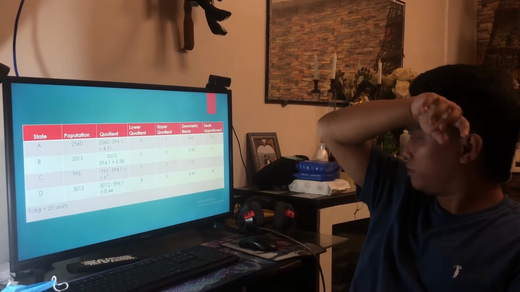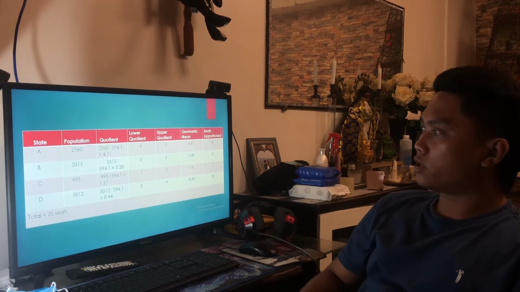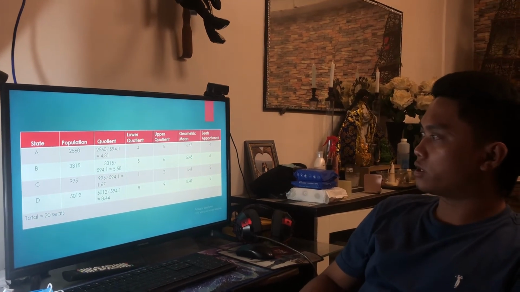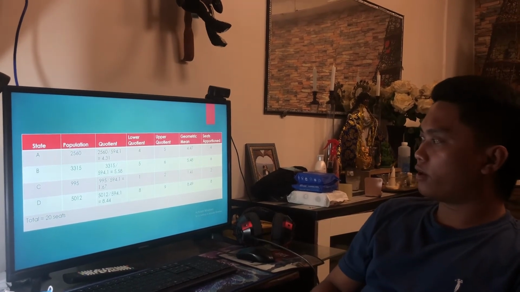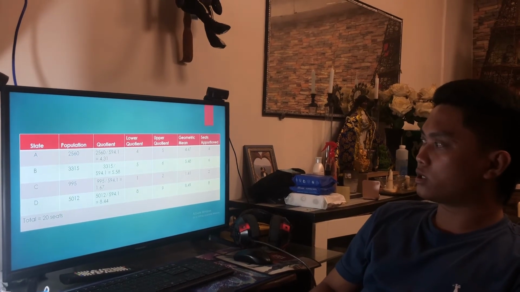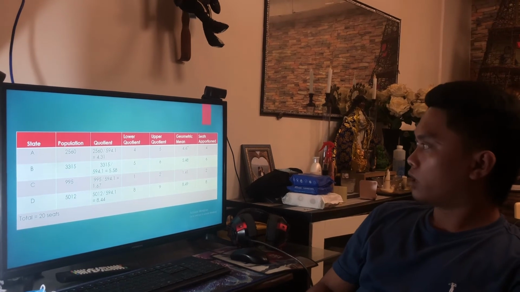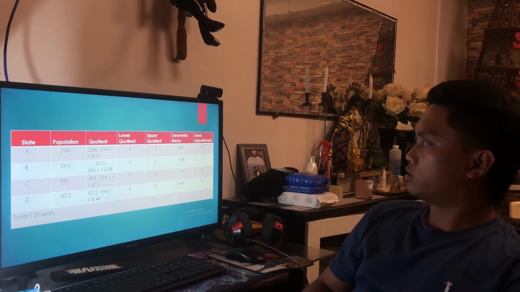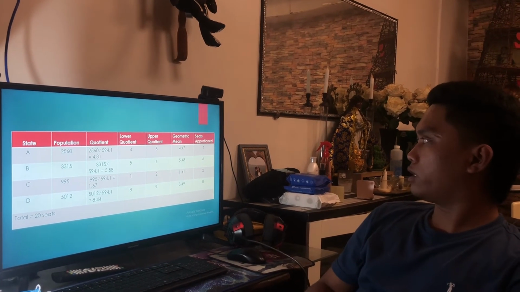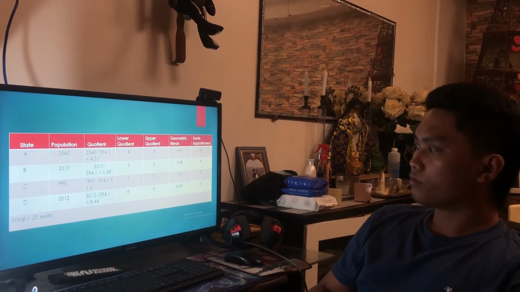For state C, the population is 995, and the quotient is 995 divided by 594.1, which equals 1.67. The lower quotient is 1, the upper quotient is 2, the geometric mean is 1.41, and the seat appointed is 2.